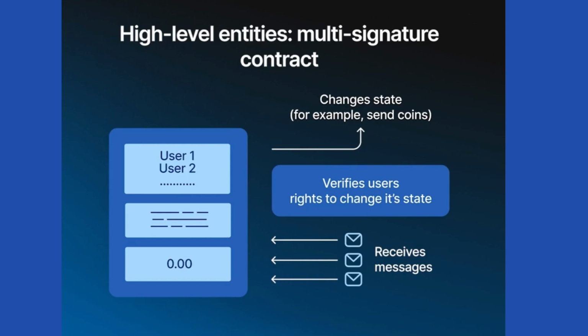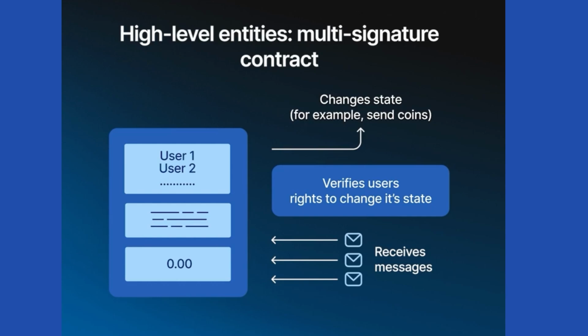And then the multi-sig contract will send yet another message to whatever thing that it controls. So it may send out coins, it could send instructions to change ownership of a token, or even send custom instructions to decentralized applications such as DEXs.